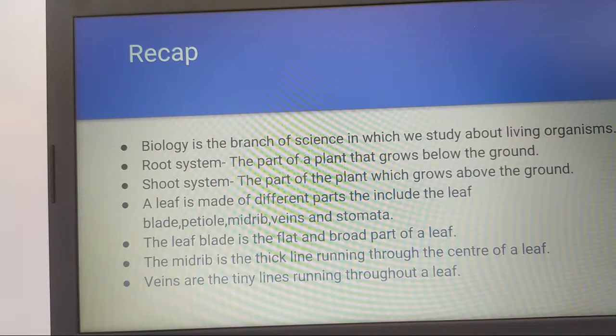Then we have discussed the leaf. What is a leaf? A leaf is a thin, flat, green outgrowth which develops from the node present in the stem. And a bud is usually present in the axil of a leaf, which is called the axillary bud. A leaf is made up of different parts that include the leaf blade, petiole, midrib, veins, and stomata.